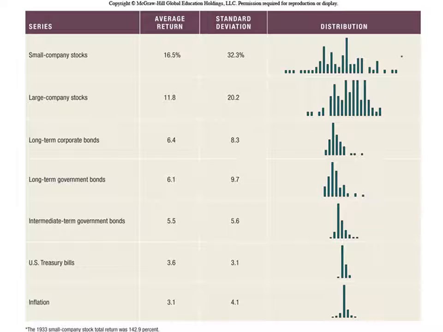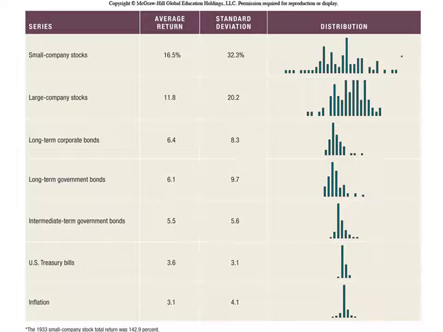That doesn't make any sense given what we know about default risk. And look at the returns. The return on long-term corporate bonds matches with what our theory would predict, but the standard deviation does not. And so this is an anomaly that we are not going to be able to solve here today, which is something for you to notice.